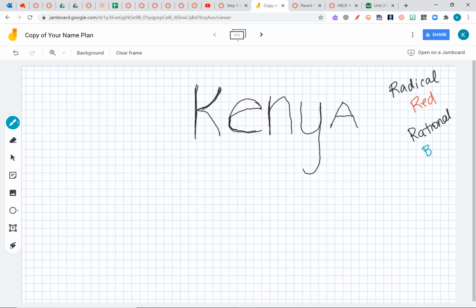For my quadratic functions, I can use green. And then for my linear functions, I can probably use orange.